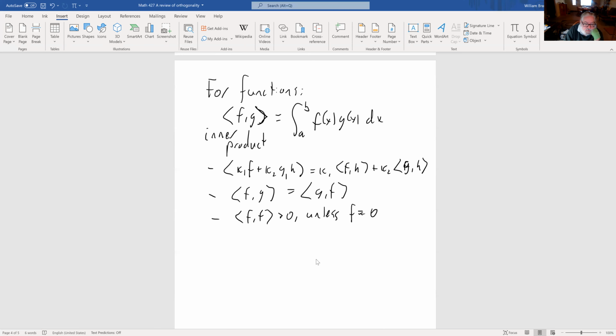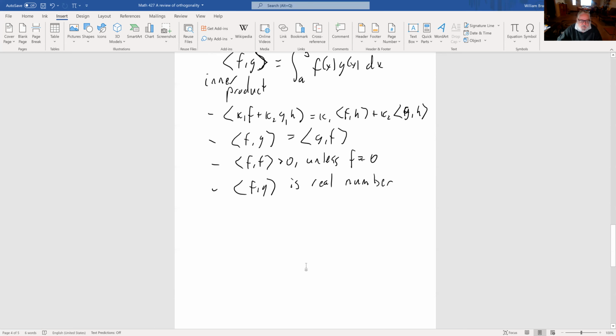Note also that the way we're defining this, because we're just doing real analysis, this is a real number. So what an inner product does is it takes a pair of functions and turns it into a number, just the same way the dot product takes a pair of vectors and turns it into a number.